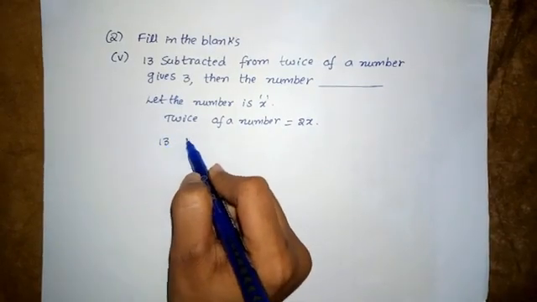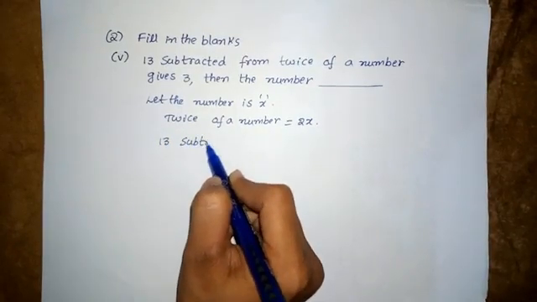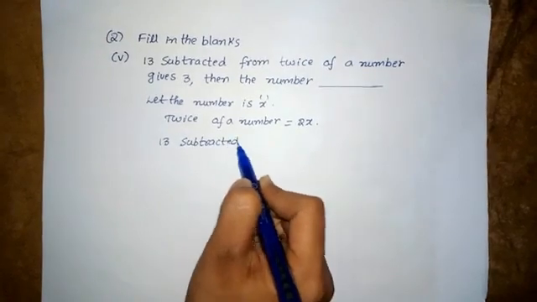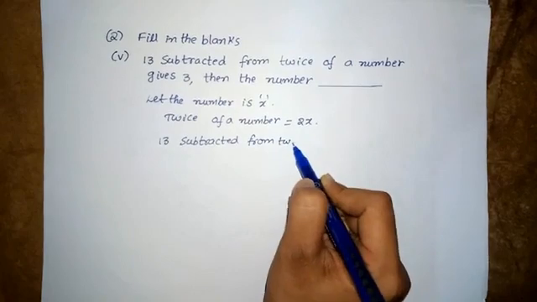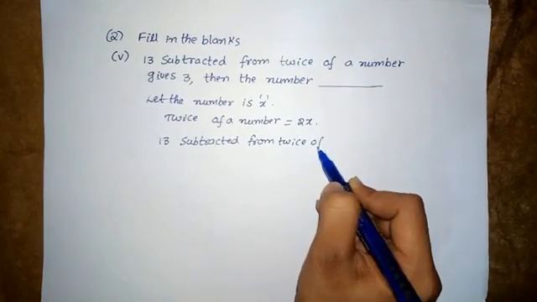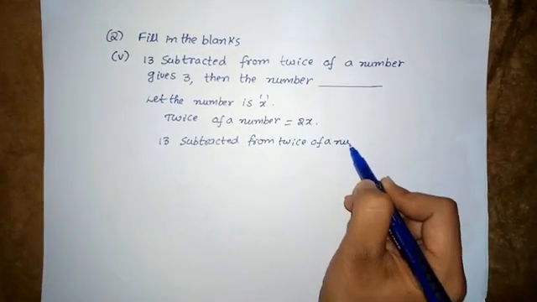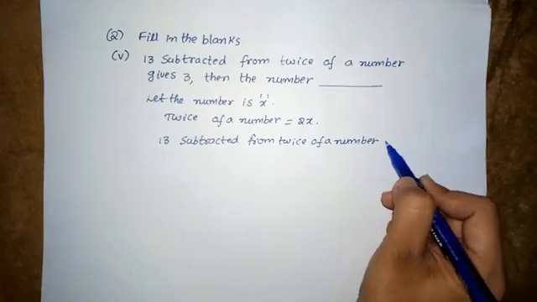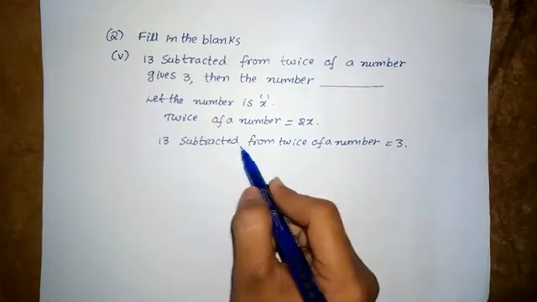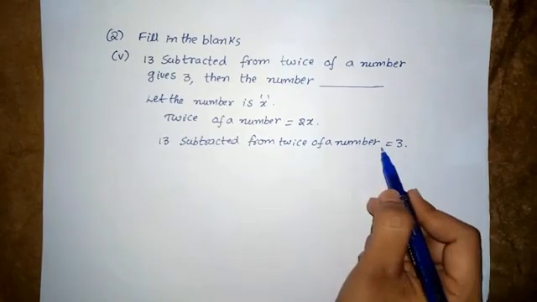13 subtracted from twice a number, that is equal to 3.